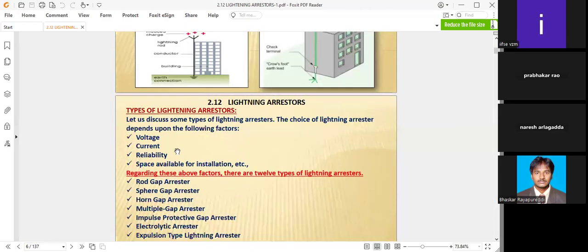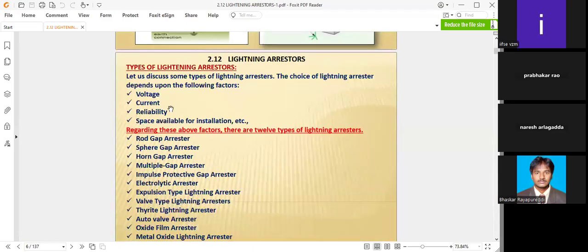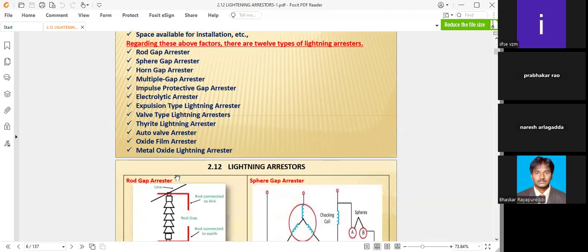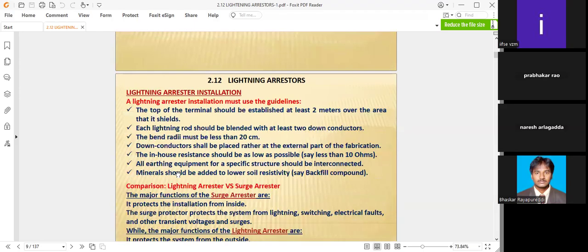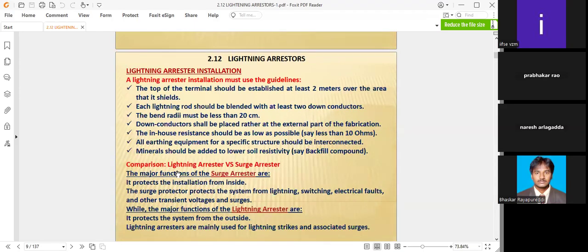We need to take these three or four factors as very important. Which type is not that much of a criterion, but these four factors should be considered to select any of the types. Coming to this, the lightning arrestor installation is very important.